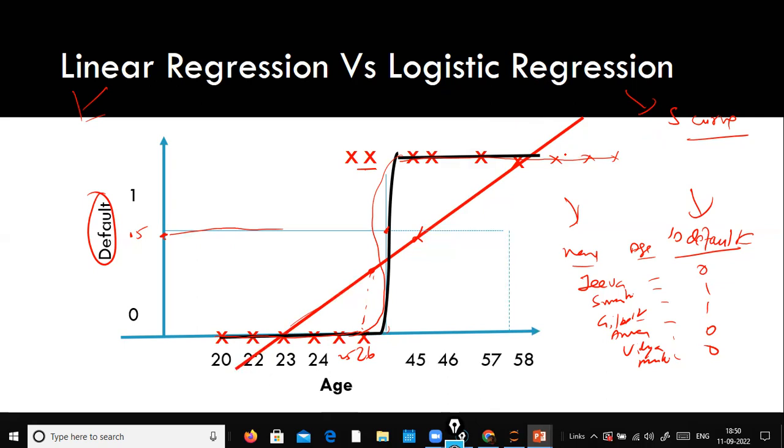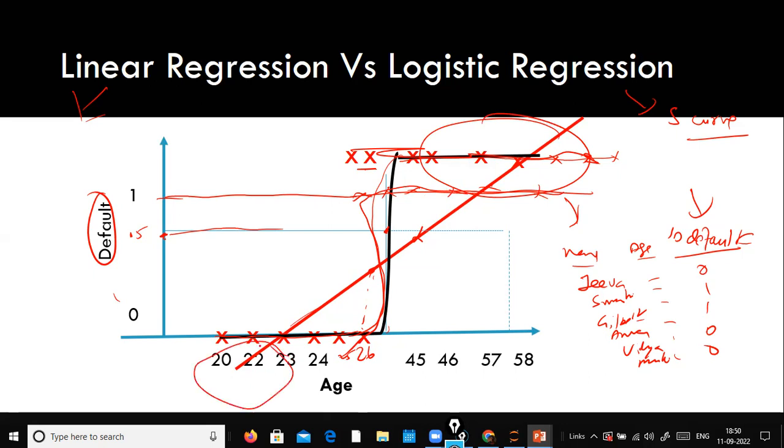Also, in the case of logistic regression, the values are supposed to be bounded between 0 and 1. Ideally, I should have put this one here, just imagine that. All the values are supposed to be bounded between 0 and 1. Anything above 1 is not acceptable, anything below 0 is not acceptable.